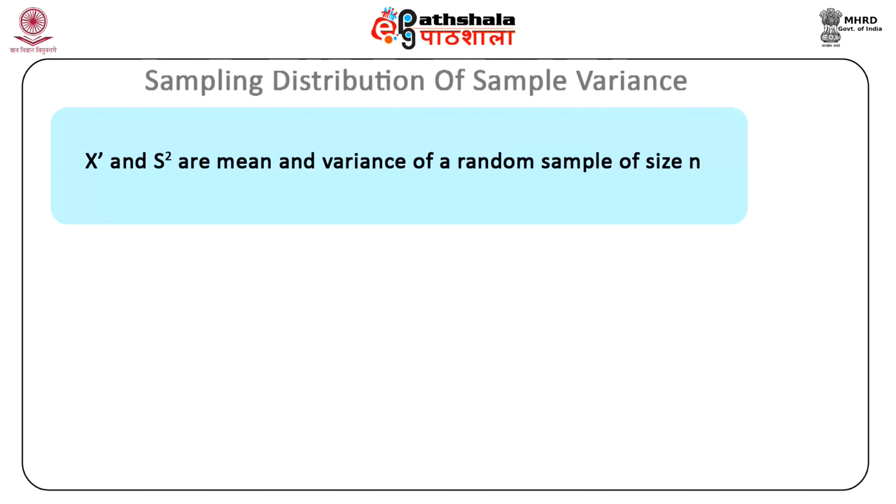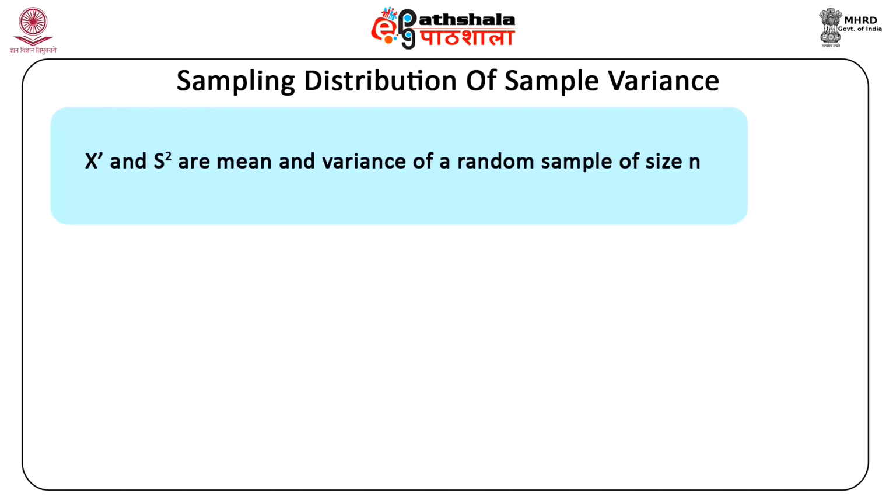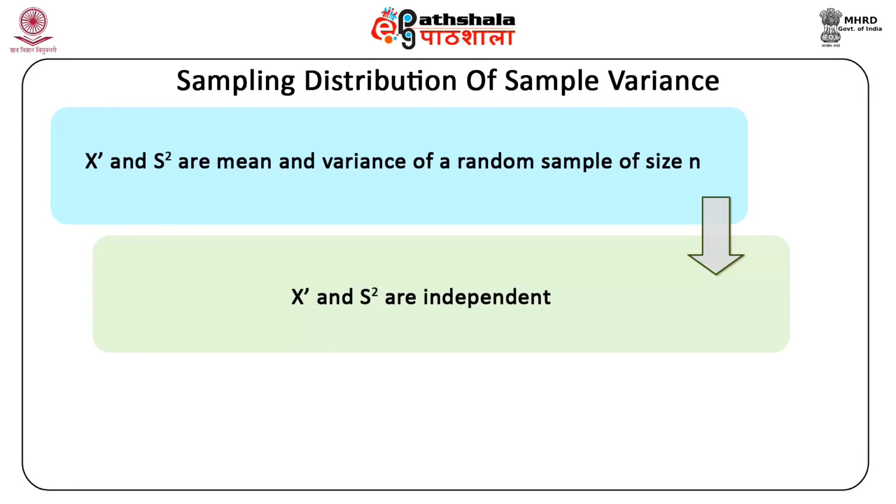If x prime and s square are the mean and variance of a random sample of size n from a normal distribution with mean mu and standard deviation rho, then 1. x prime and s square are independent. 2.